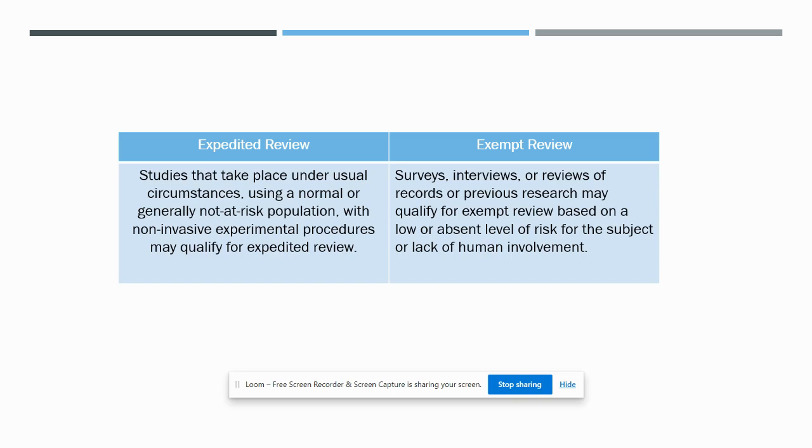For example, during the COVID pandemic, studies were essentially granted expedited review, particularly in regards to the development of data for PCR tests and those types of things. Many of these studies were given either full expedited review or even exempt review due to the necessity that was present during the COVID pandemic.